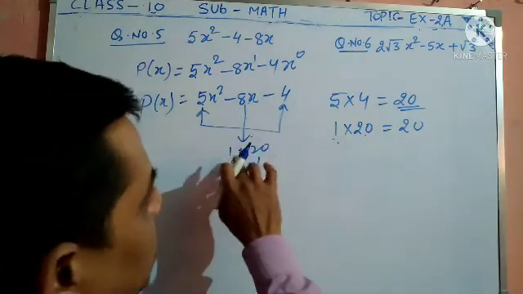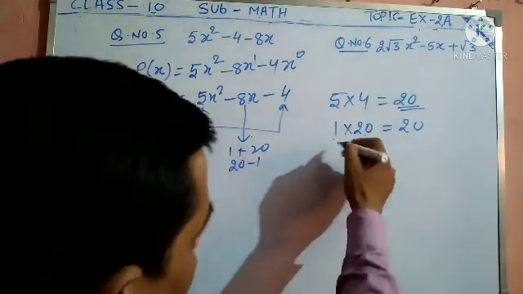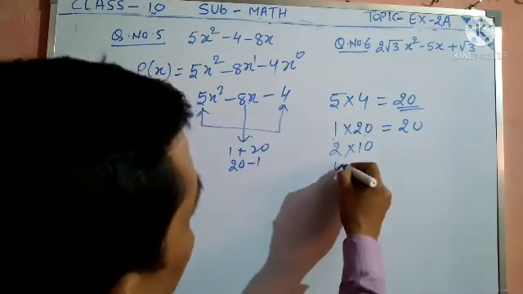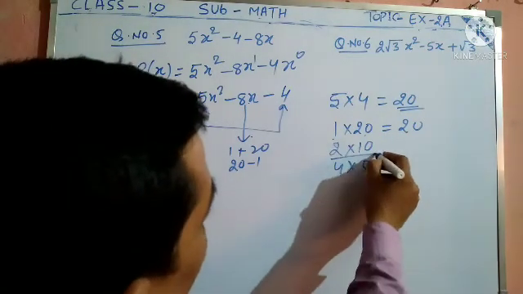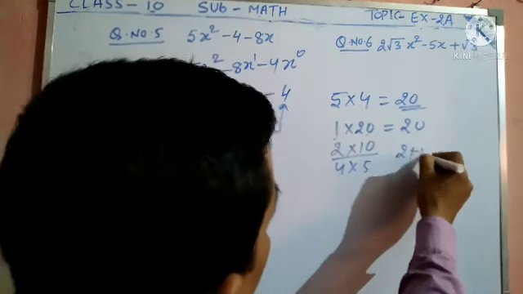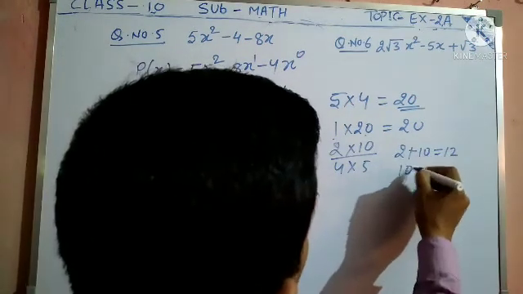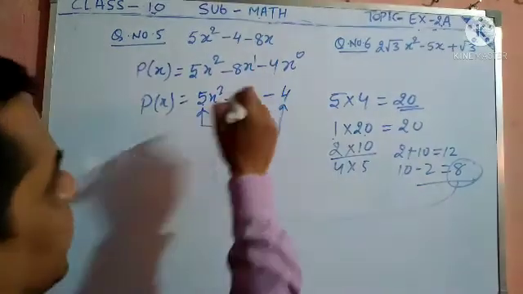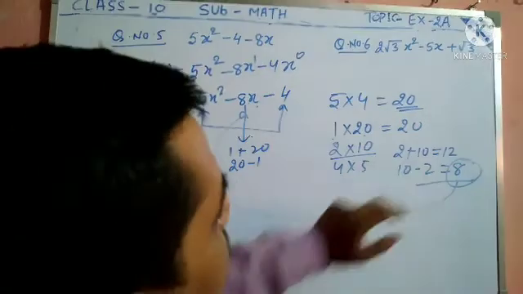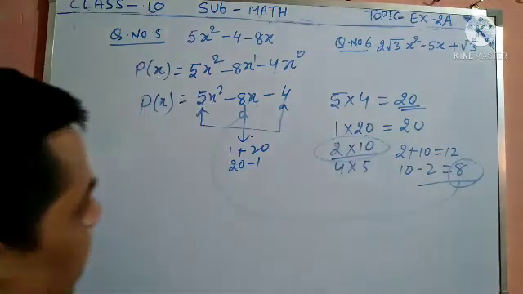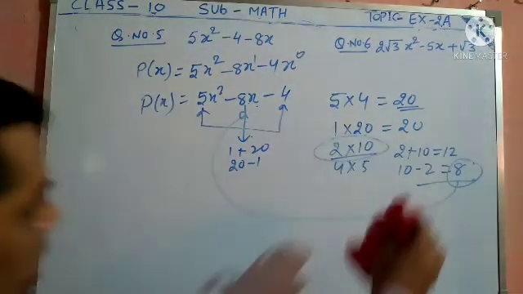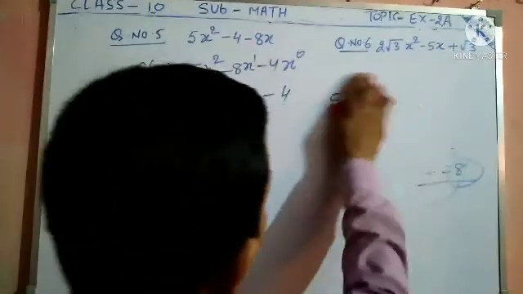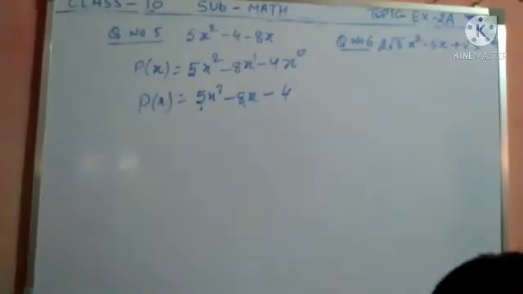We check 2 into 10: 10 minus 2 is equal to 8. So the factorization taken is 2 into 10. This is the factorization of this term.